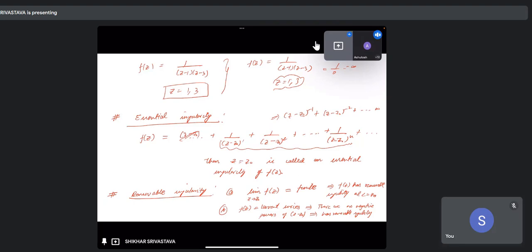So two things you can remember: if in a Laurent series expansion there are an infinite number of negative powers, that means it has an essential singularity. And if it has no negative power of z minus z naught, you can at once say that it has a removable singularity.